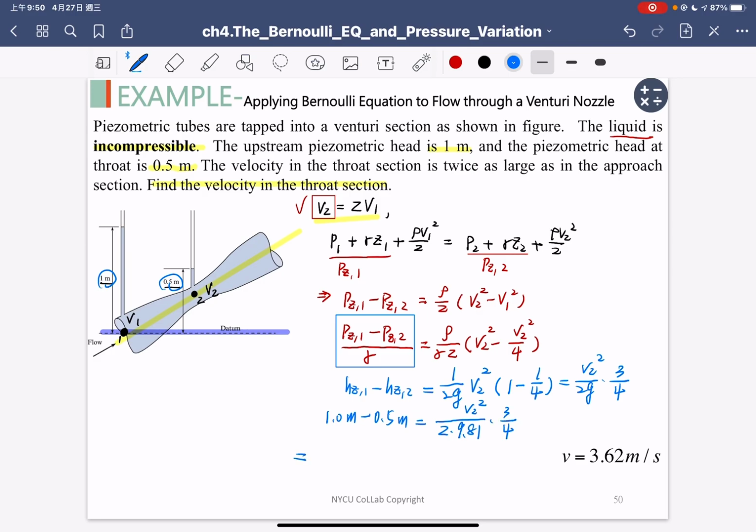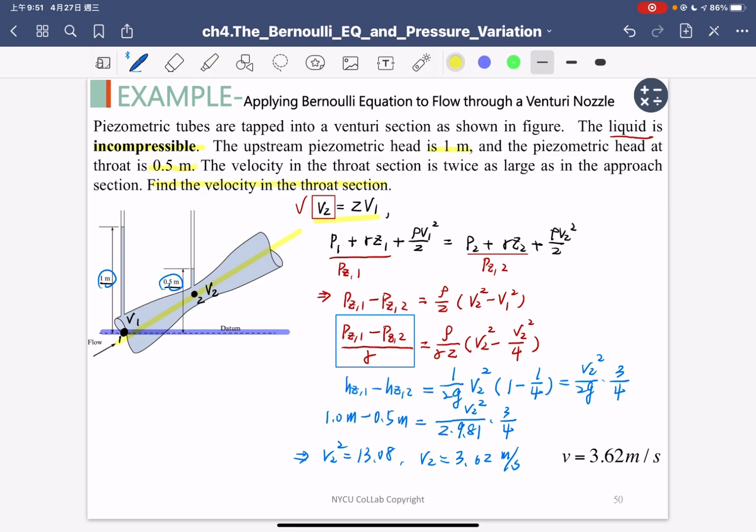So we can summarize: V2 square will equal, you can use your calculator. I use my calculator to compute the answer. It's around 13.08, and you take the root. You take the root of the V2 velocity square, and V2 will equal 3.62 meters per second.